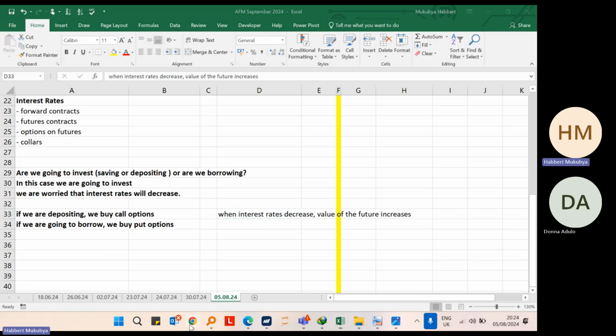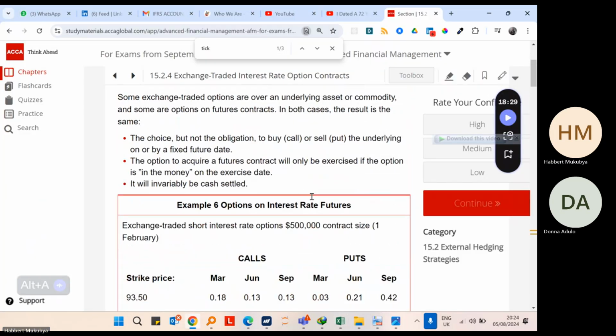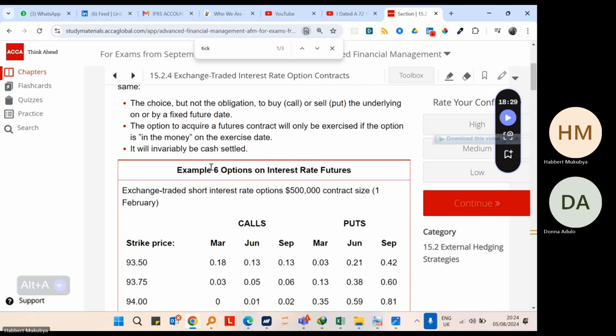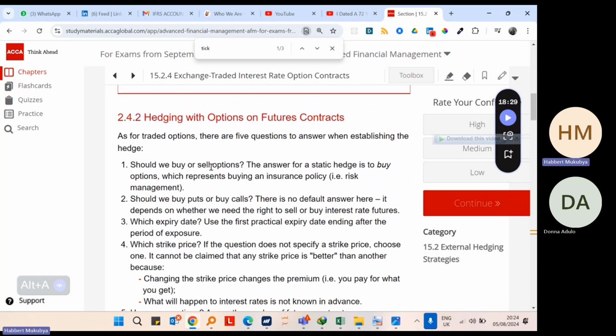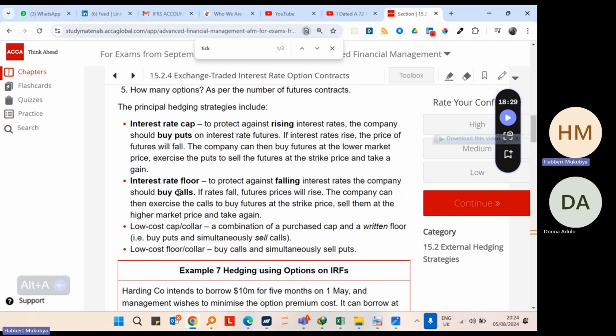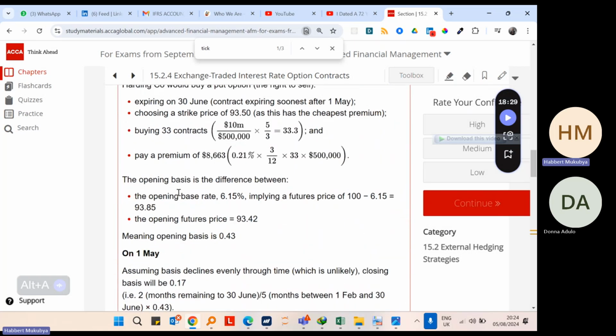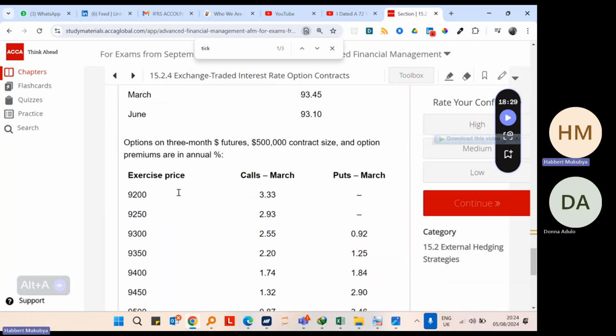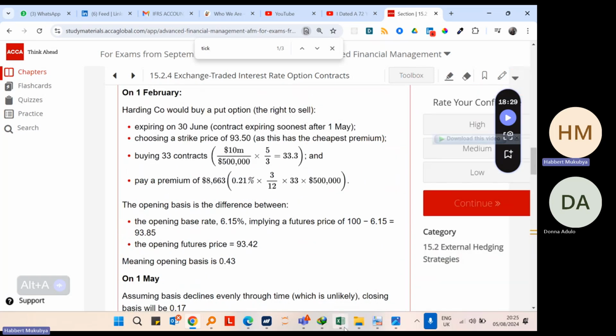These are the things that they say the choice. This is the option. If you look here, the principal include. Let's look at the cap and the floor. I'm trying to see if there is a summary here. There's no summary, so let me just continue with this.